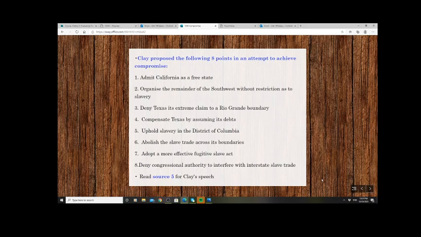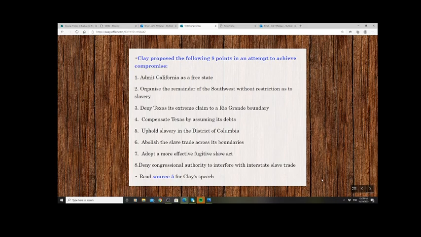Now that was definitely seen as being pro-Southern, because many Northerners were offended by the fact that in the country's capital, visiting ambassadors and statesmen could see slaves being sold on the blocks in Washington DC. So that's the pro-Southern element of this bill.